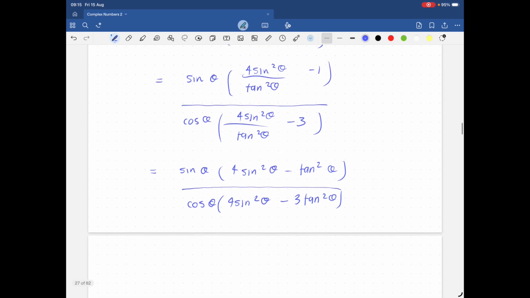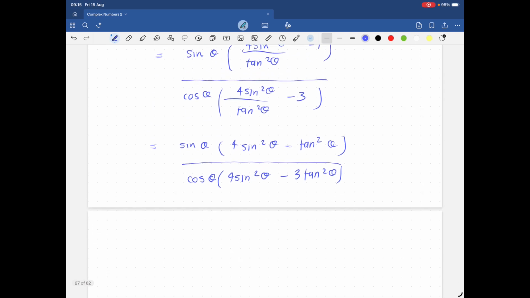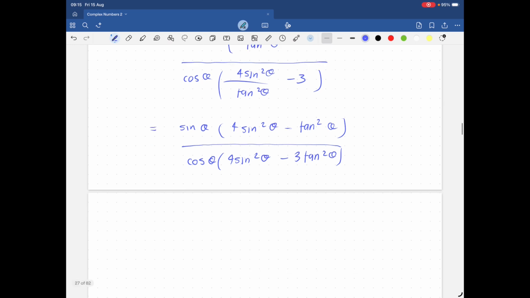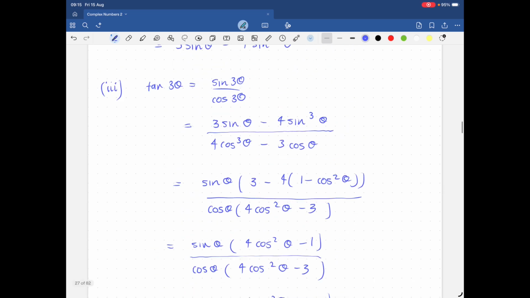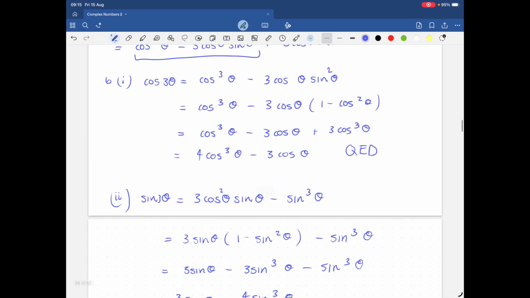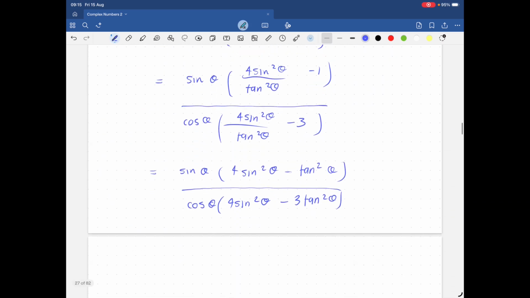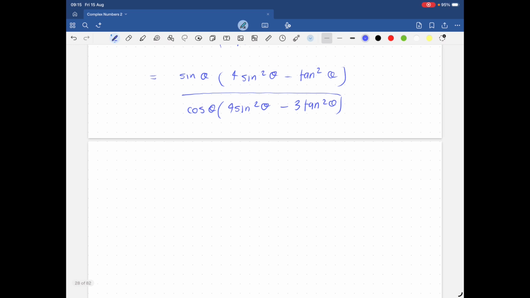Okay. What we can do next is use some identities. So we've got sines and tans, and we don't want any sines or coses. We want exclusively tans. Now we know that sine theta over cos theta is tan theta, which means sine theta is tan theta cos theta.